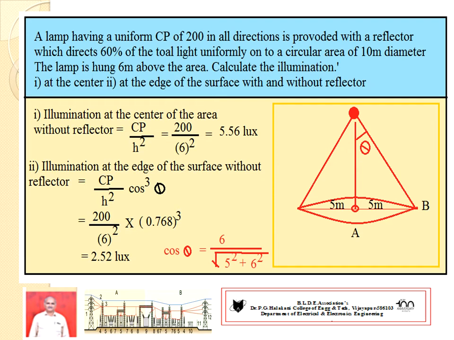Then you get the cos theta value of 0.768. Cube of this value gives 2.52 lux.